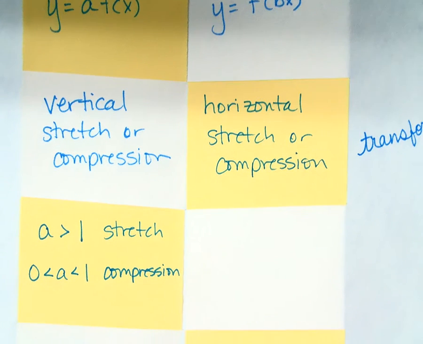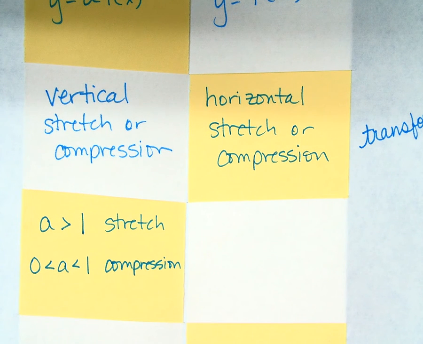Now, the weird thing about stuff inside the function is that it's like wonky of what you think it should be. I don't want to say opposite or backwards, because opposite implies a negative sign, right? It doesn't really do that. It's just weird of what you think it should be.